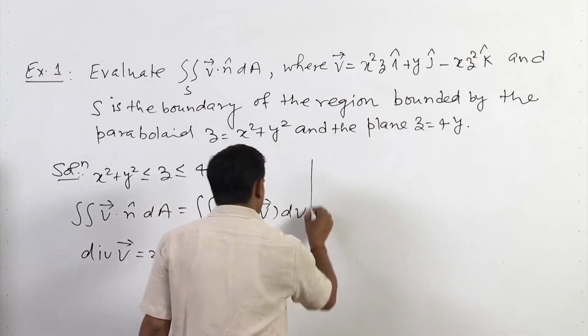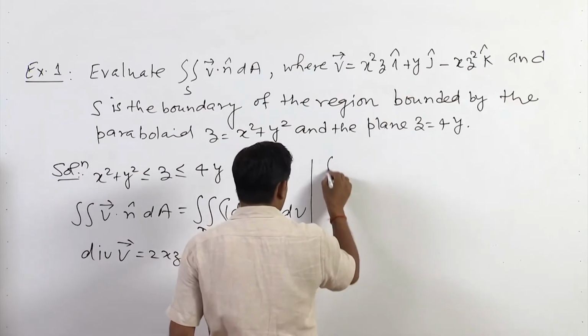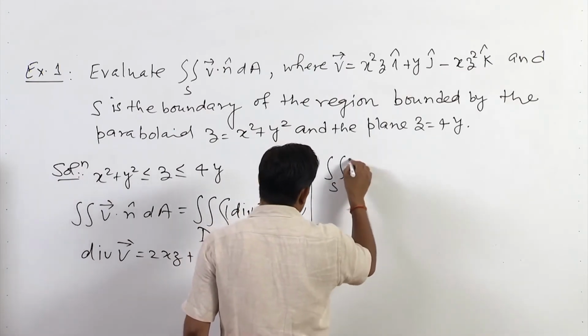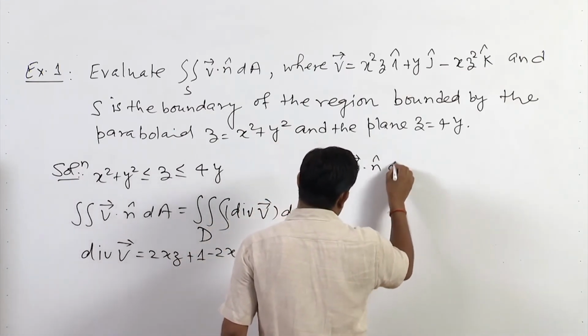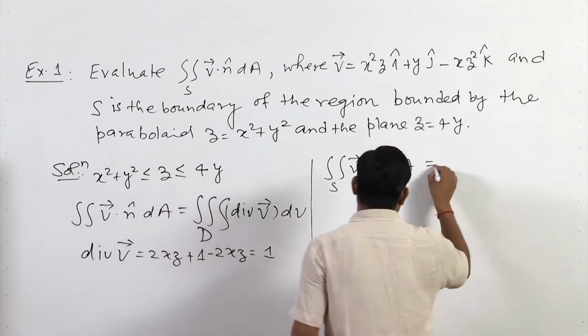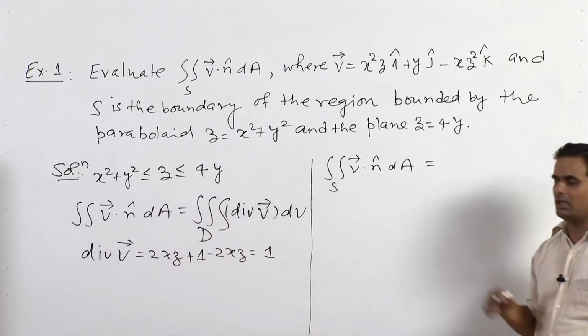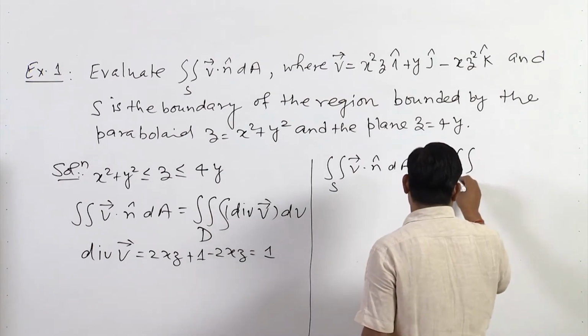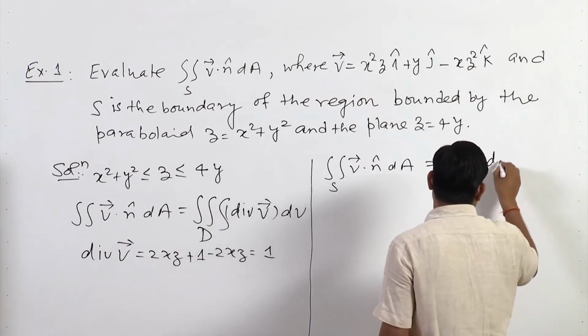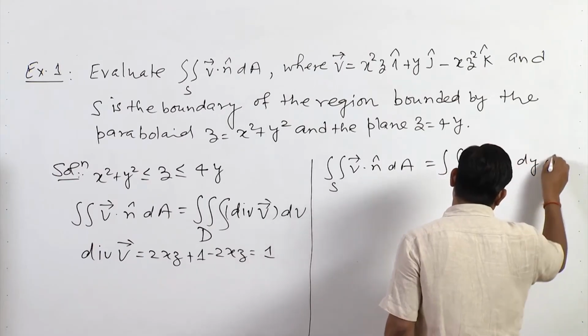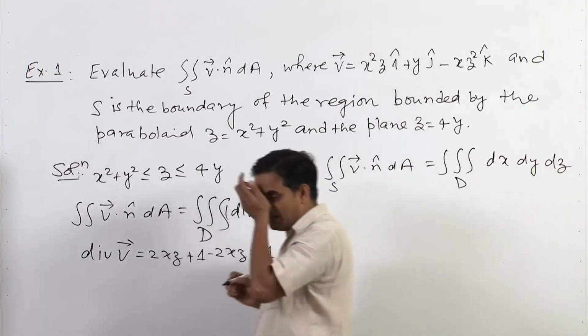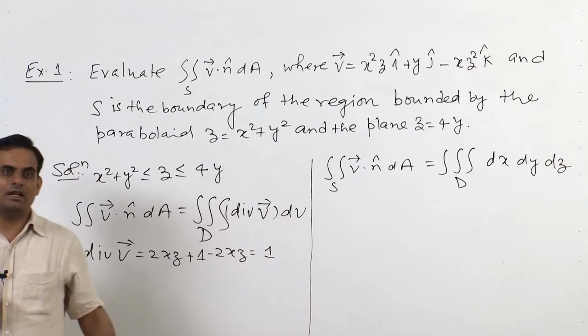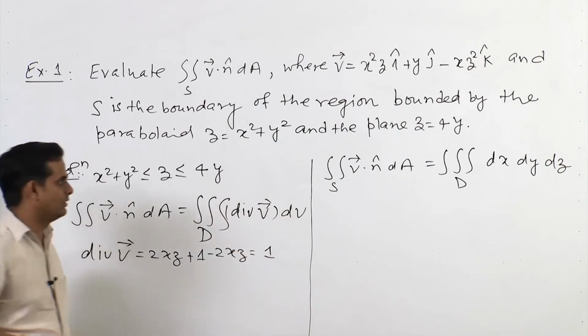So hence the surface integral of V over the surface S equals the triple integral over the region D of dx dy dz, because here divergence of V is 1.